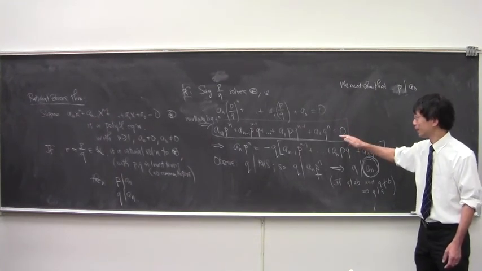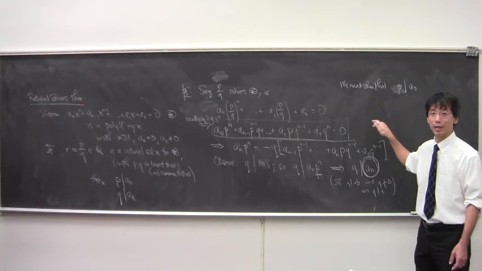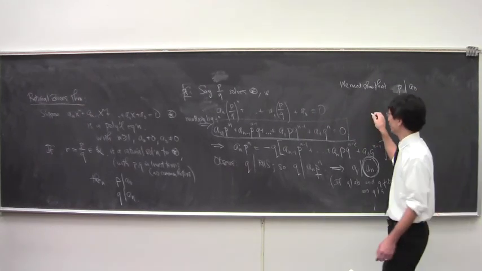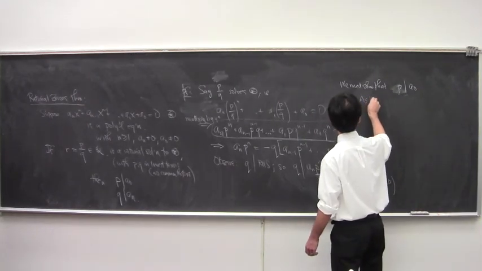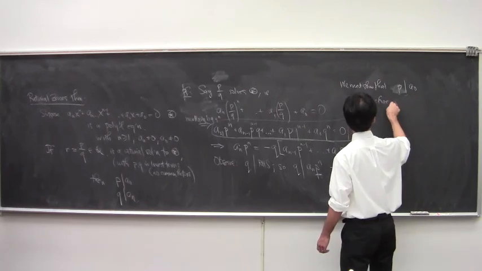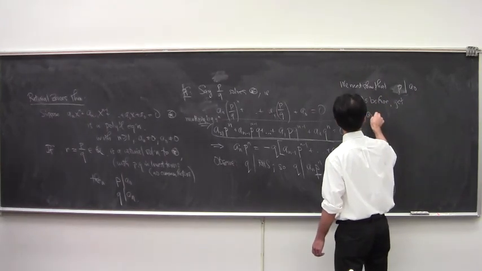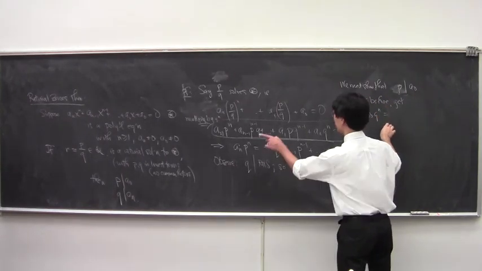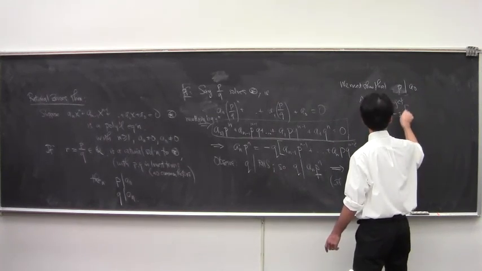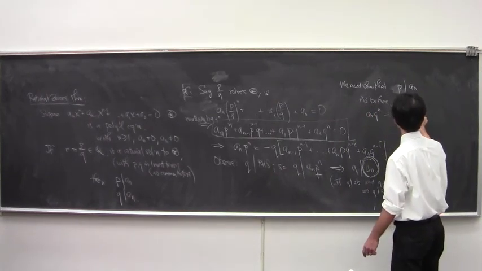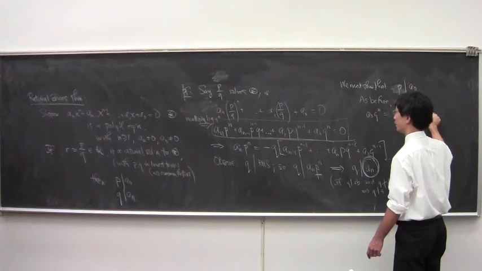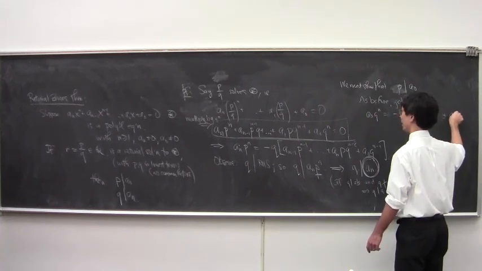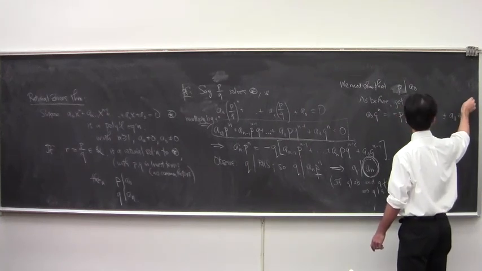Except you move everybody involving p to the other side. So you do the same thing as before. We get a naught q to the n equals negative p times (a sub n p to the n minus 1 plus ... plus a sub 1 q to the n minus 1).